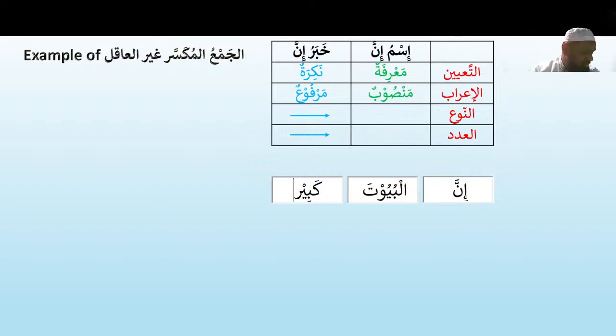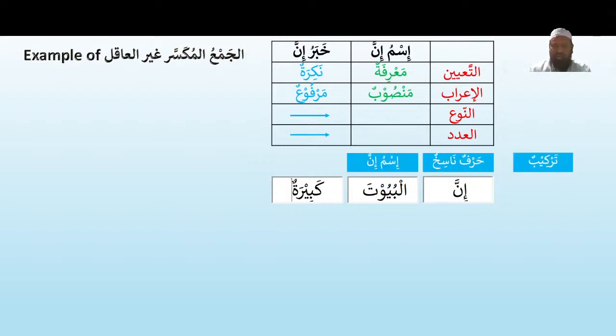Yes, al-mufrad muannas or singular muannas. So how do you make kabirun a muannas ism? Just adding the round ta with fatha before it. إن البيوت كبيرة.